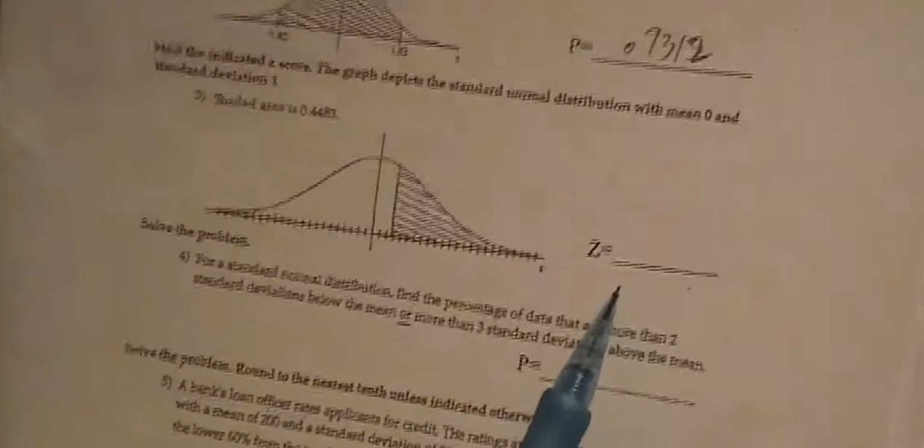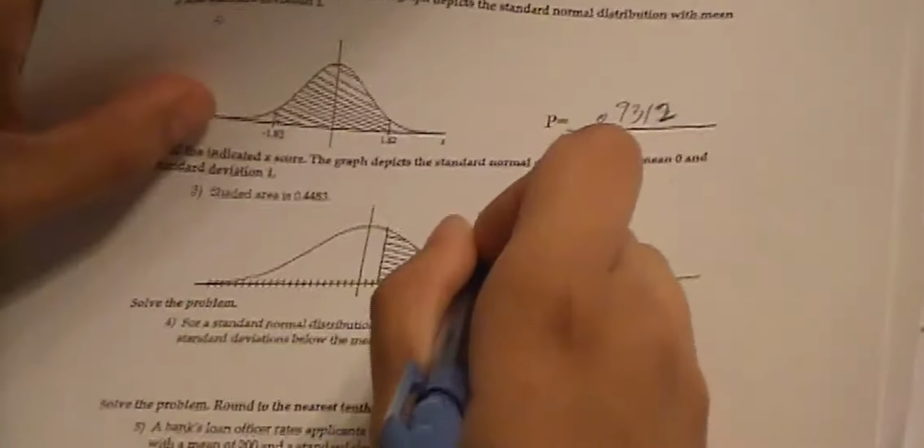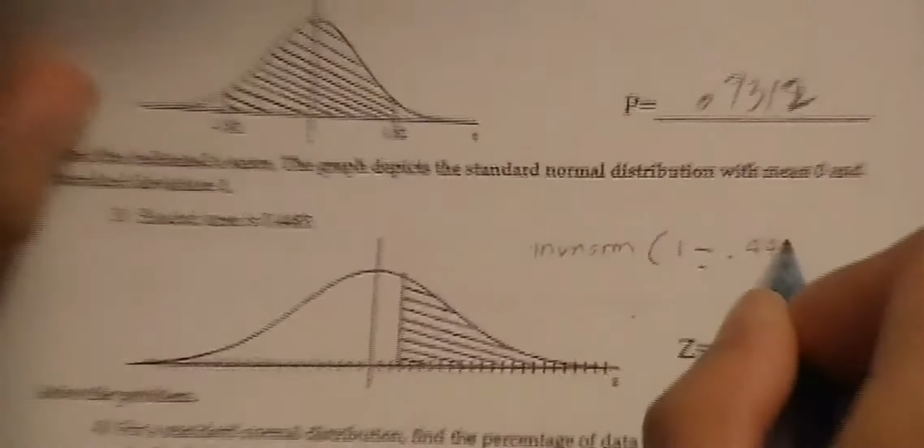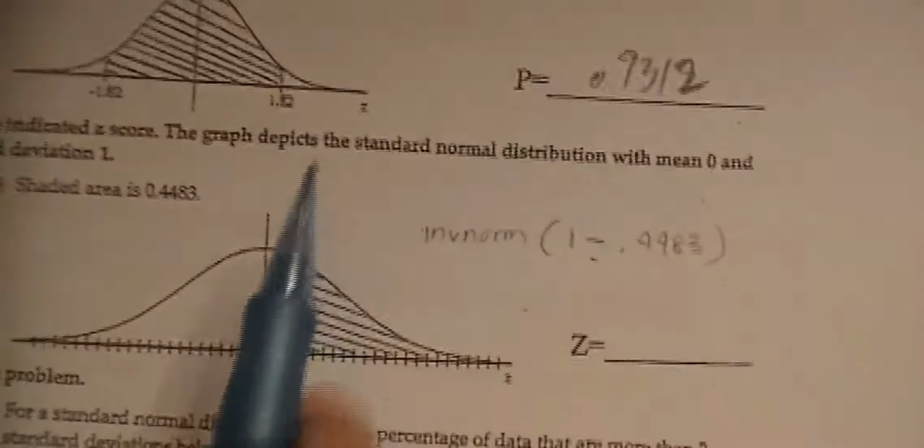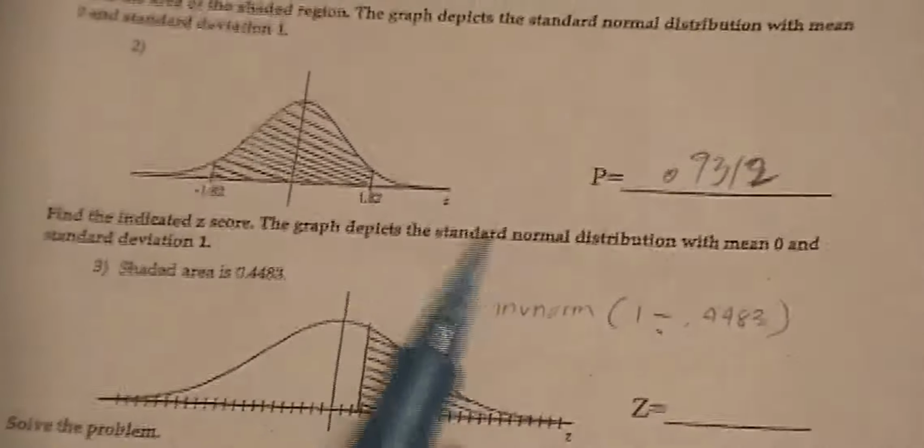Right. So, did you want to write on these? You can. Okay. If you want. So you're going to want to do inverse norm of 1 minus 0.4483. And again, because it's a standard normal distribution, you can leave out the mean and the standard deviation.